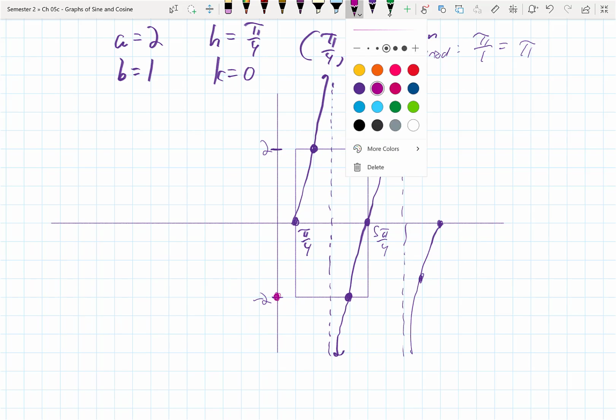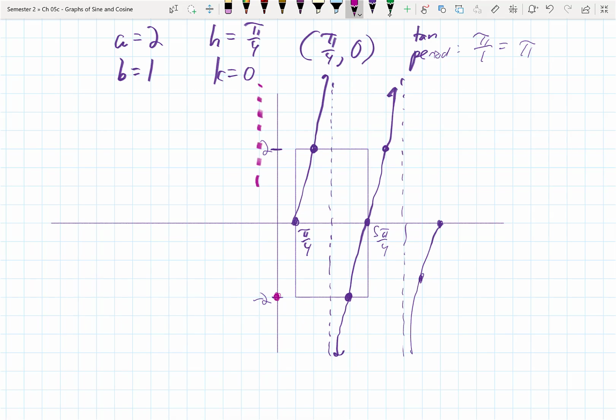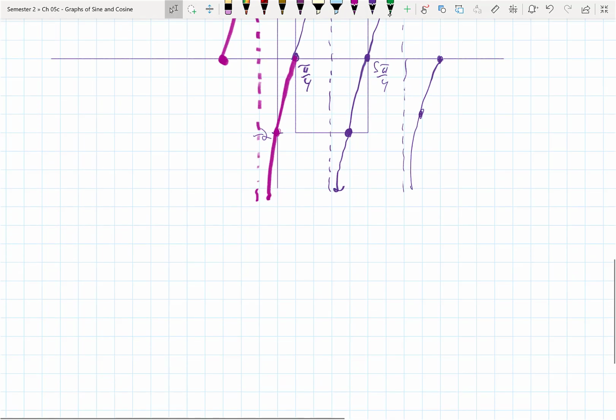Then I'm going to draw a vertical asymptote all the way down. Then I'm going to go up to the 2 and then back down to the baseline. It kind of continues down like that, and this goes up like this. So you can see how this would have been repeated throughout the whole graph and create lots and lots and lots of these.